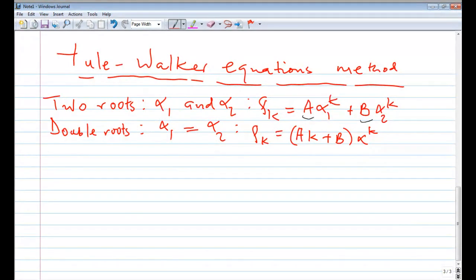Is it K or A subscript K? It's A times K. Okay, thank you. So, sir, what are we going to substitute there on K? K can be 0, 1, 2, 3, and so on.